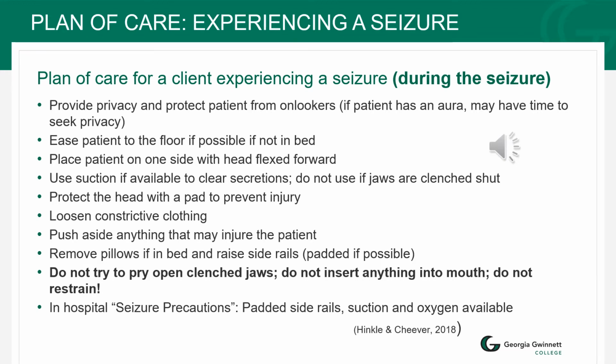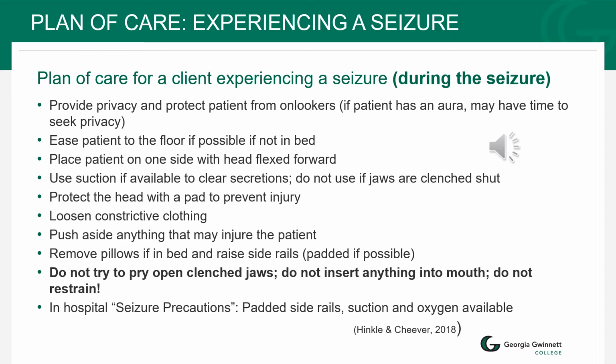Place the patient on the side with the head flexed forward. This is very important because when you flex their head forward, it helps move the tongue forward. One of the major complications of a seizure is the tongue can fall back in their mouth, and it can occlude their airway.